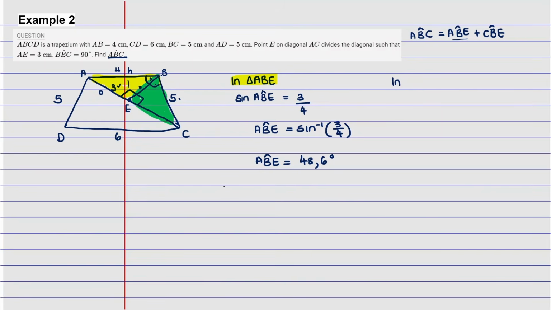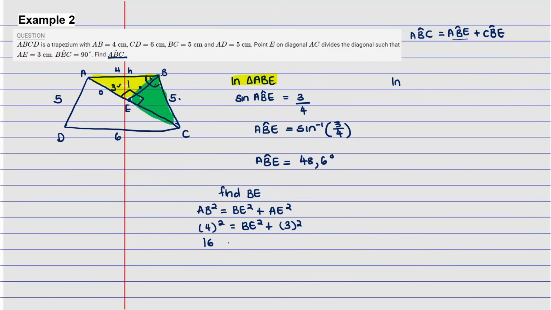So now we find BE, right? So we know the fact that that is Pythagoras. So that's the same as taking the hypotenuse first. So AB squared is equal to BE squared plus AE squared. Substitute: AB is 4, squared, is equal to BE, which is what we want, squared, plus AE, which is 3, so 3 squared, right?